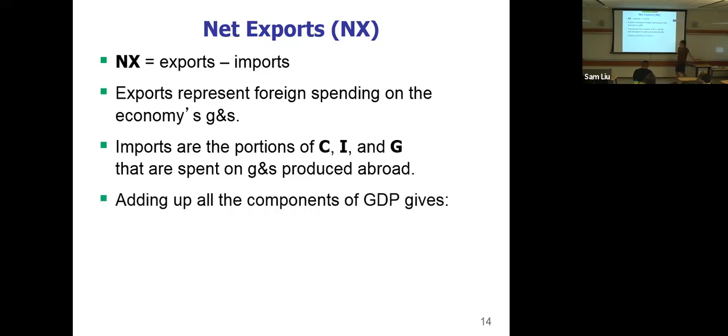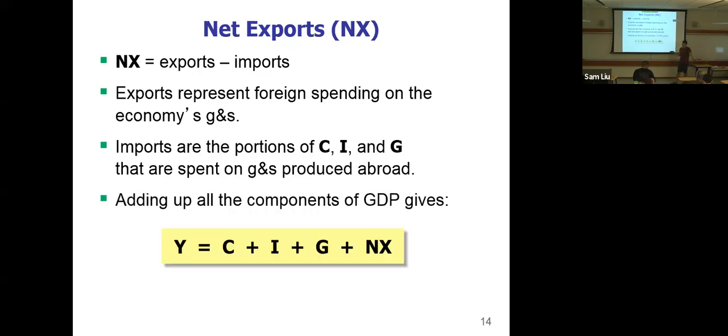And again, we add up all these four components and then Y is equal to sigma X. Okay, does that make sense about the net exports?